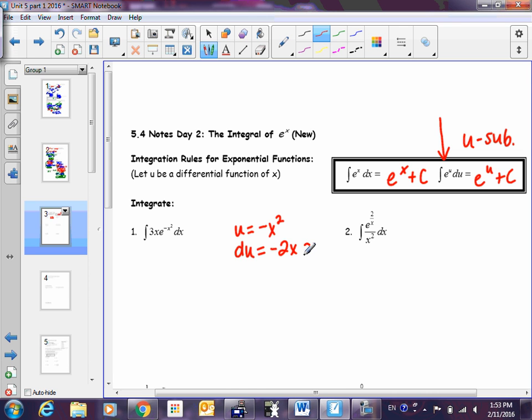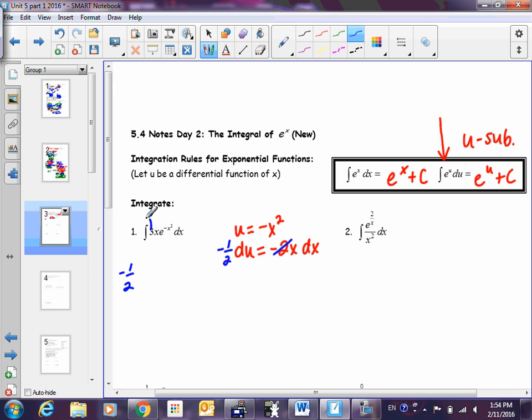Negative 2x, and remember we have a dx here. Just like how we did before, this negative 2 needs to get divided over to the other side, and it's ultimately going to go to the front of the integral symbol. And you know what? I'm going to hold off just a second. It's going to go to the front.